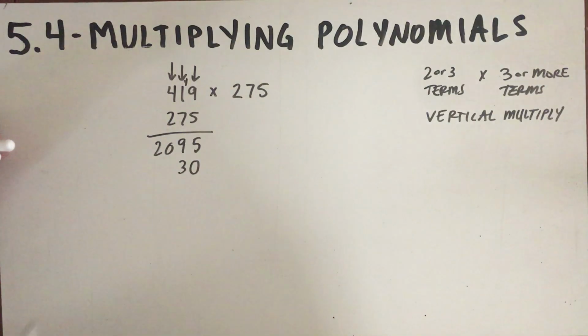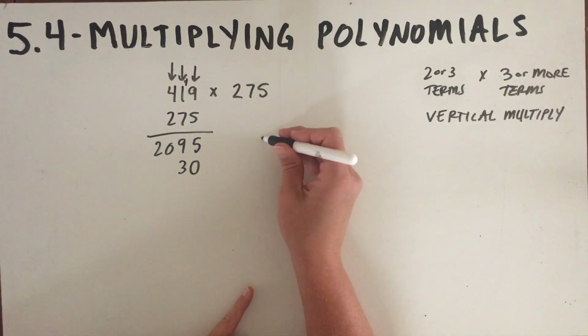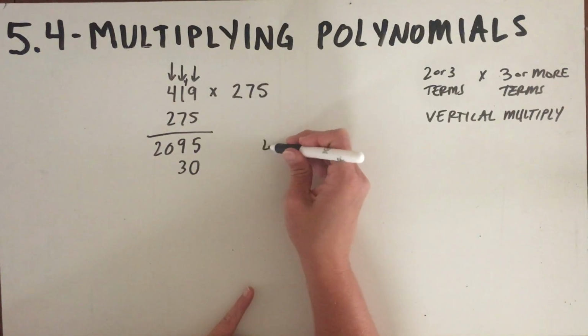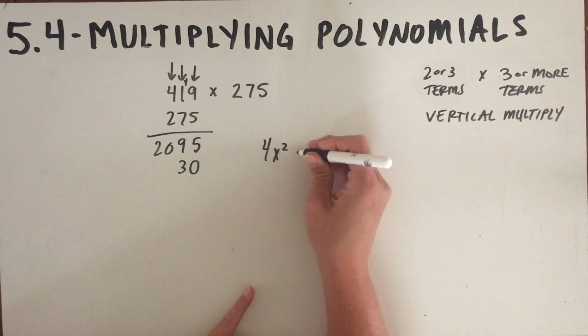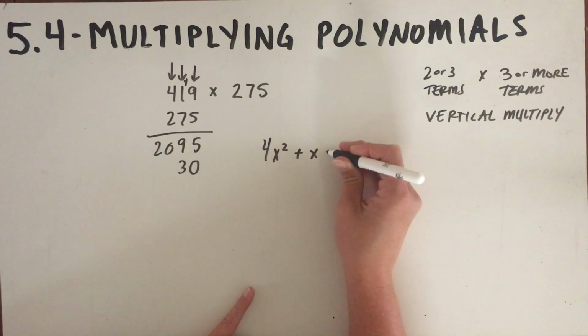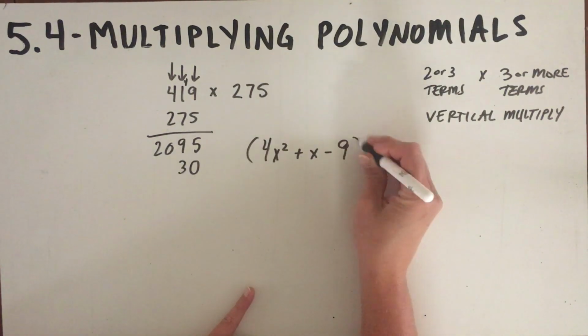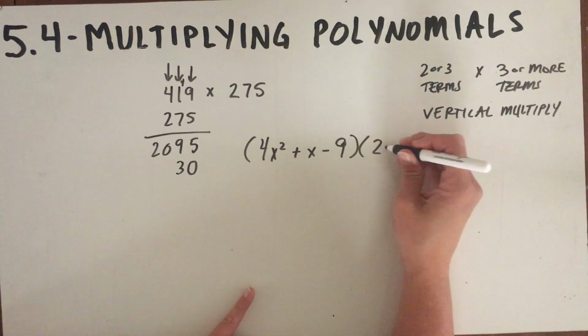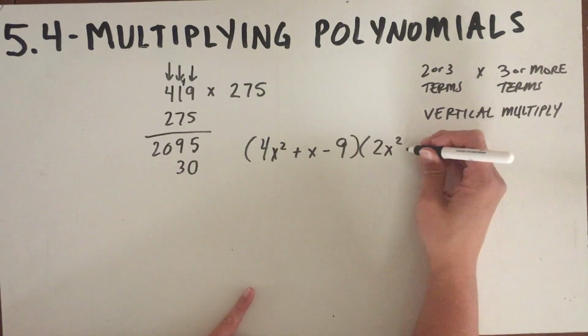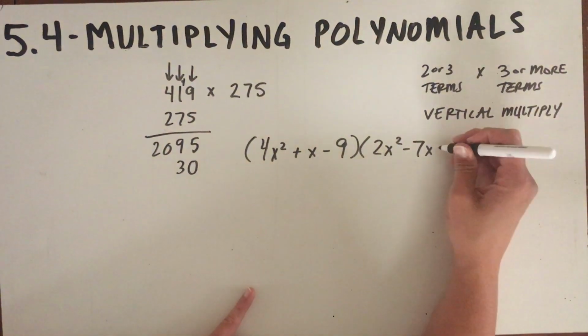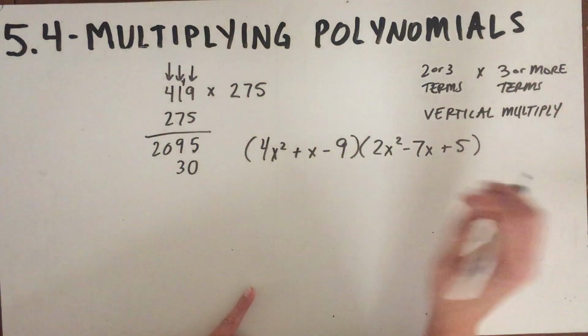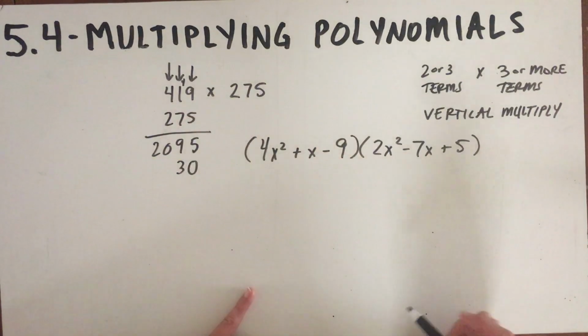Just like I would do this vertical multiplication, if I had a polynomial that had, say, the same coefficients here. So it would have 4x squared plus x minus 9, and I wanted to multiply that by 2x squared minus 7x plus 5. So this is like 419 times 275, but just with 3-term polynomials.